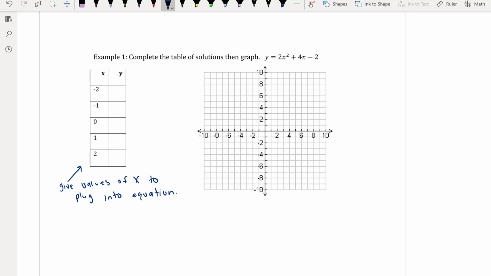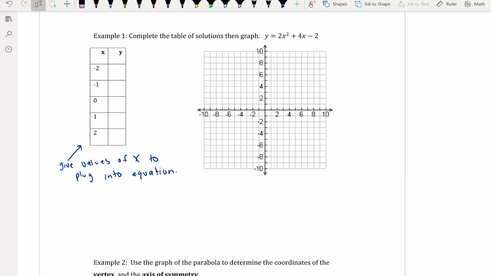And so the equation that we're going to be plugging this into is 2x squared plus 4x minus 2. So maybe I'll just do one of these, okay? When x is equal to negative 2, I'm going to plug it into my equation. So I have y is equal to 2x squared plus 4x minus 2, and the x that I'm plugging in is negative 2.